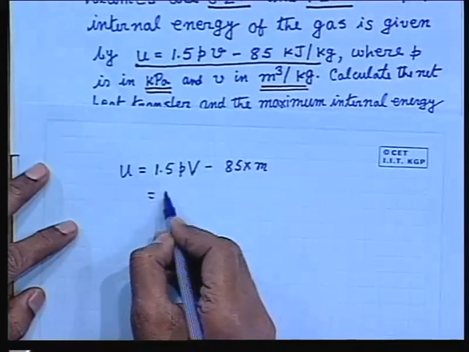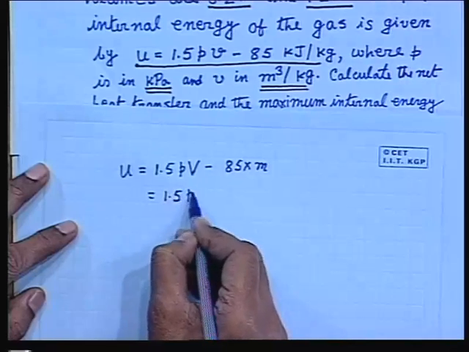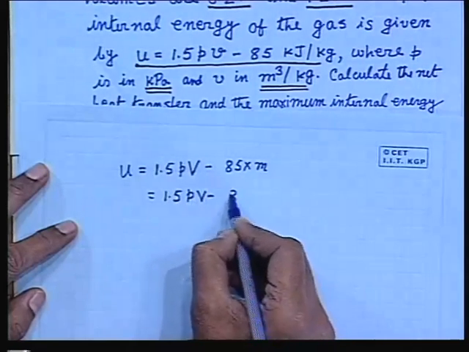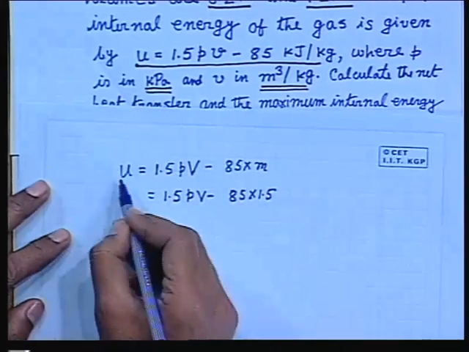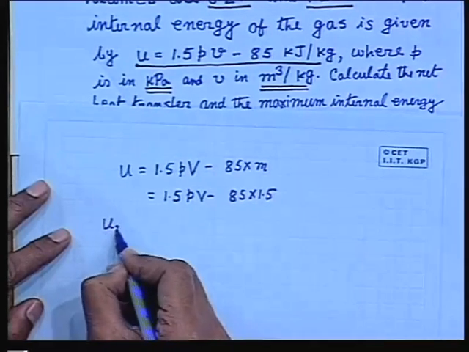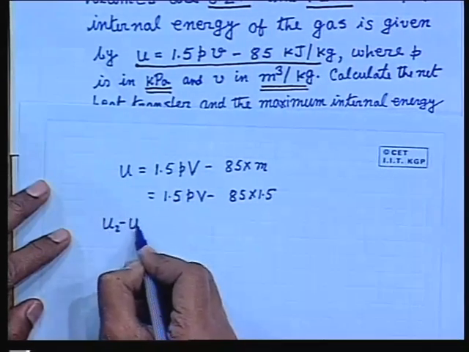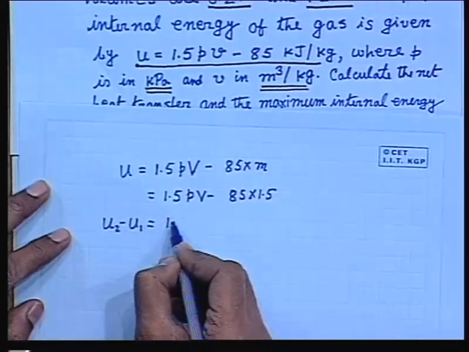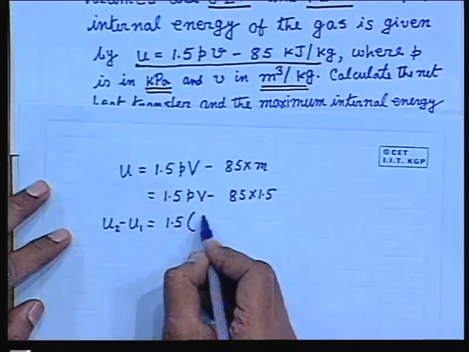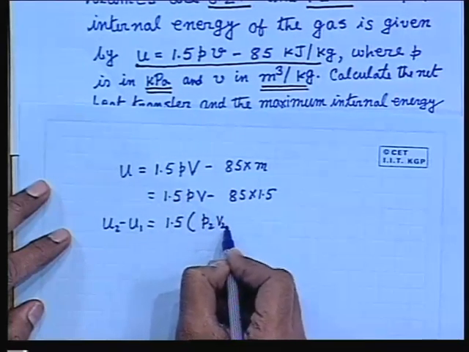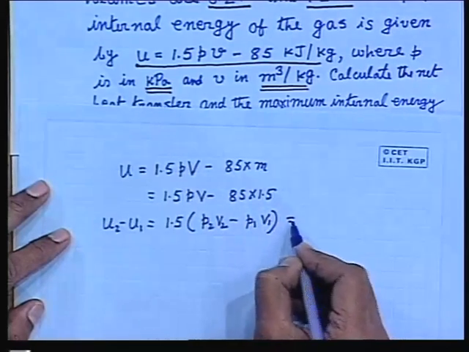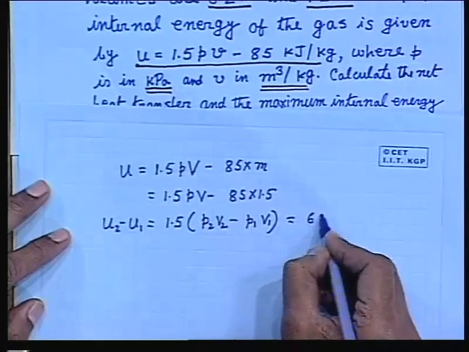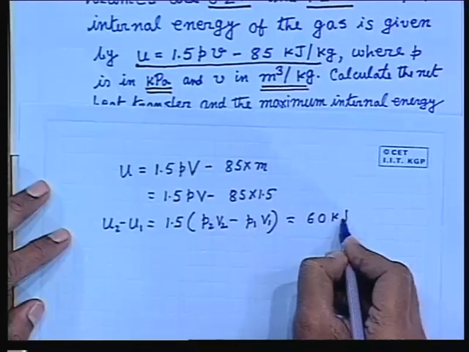So again I write 1.5 PV minus 85 into, but this part is constant, it is not required in finding out the change. So the change will be given by 1.5 P2 V2 minus P1 V1, which is 60, very good, kilojoule.